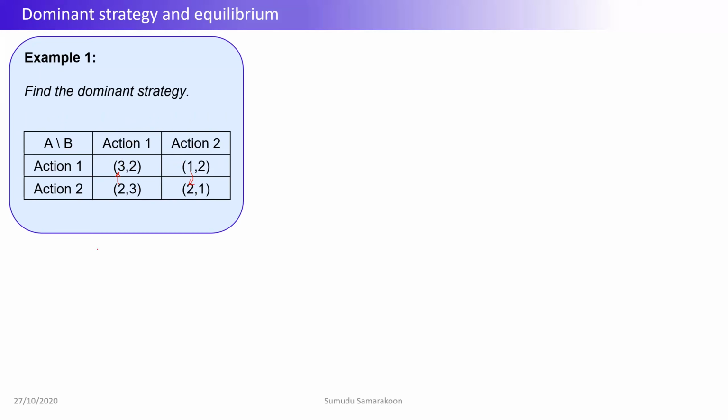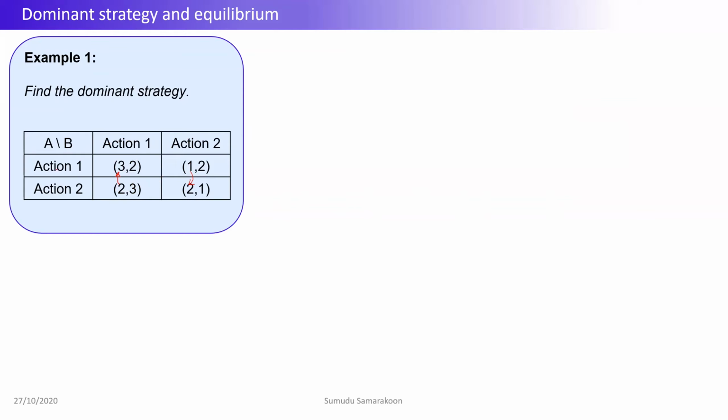So in that case, A doesn't have a dominant strategy unless B sticks with 1. Now let's check from the B side. We can't make a claim at this point, right? Now we have to check from the perspective of B. We can see here.